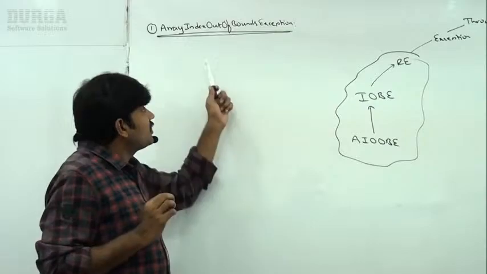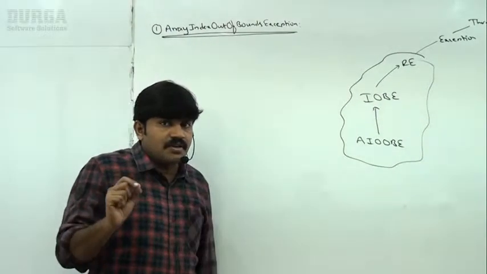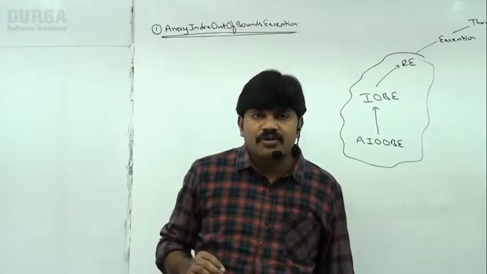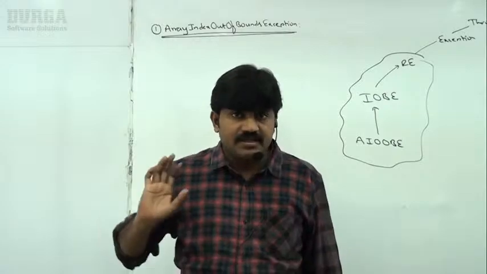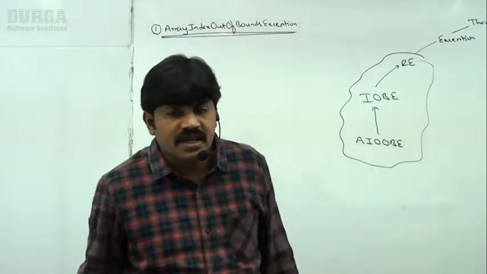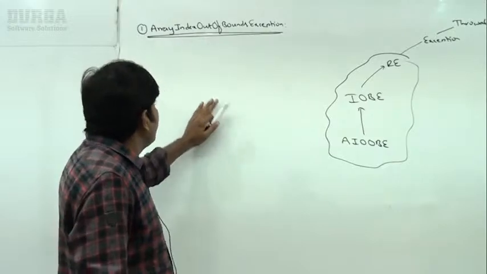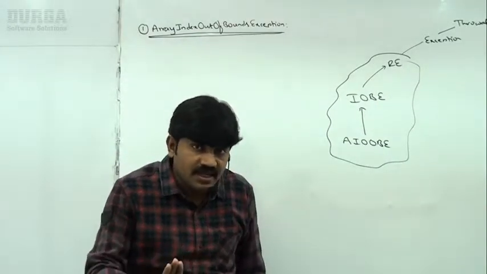The name itself indicates it: this exception is raised automatically whenever we try to access an array element with an out-of-range index. Is it clear for all of you, right?